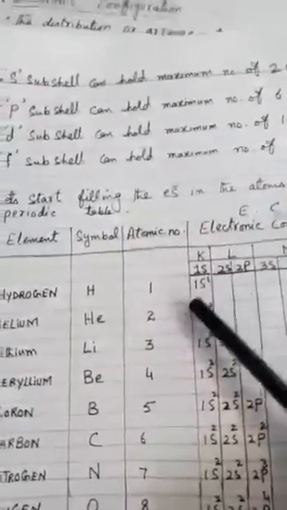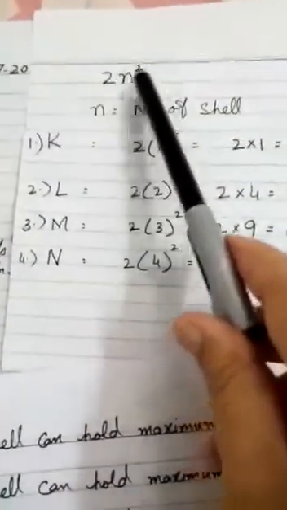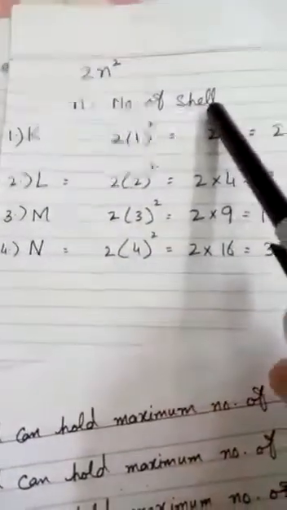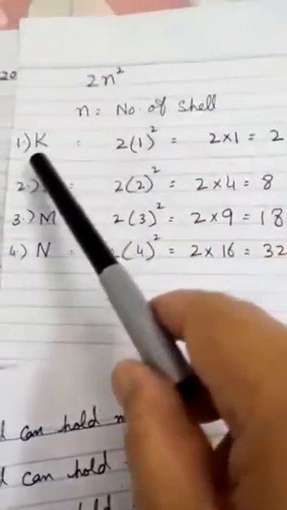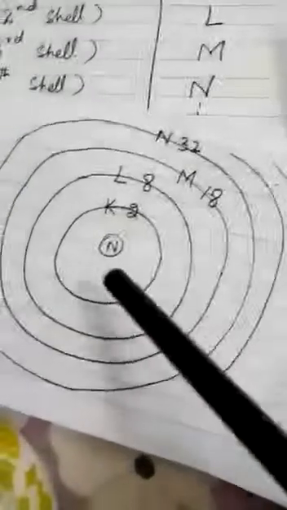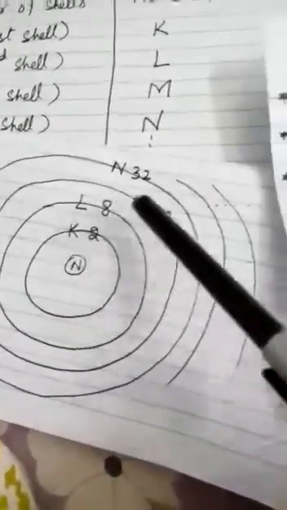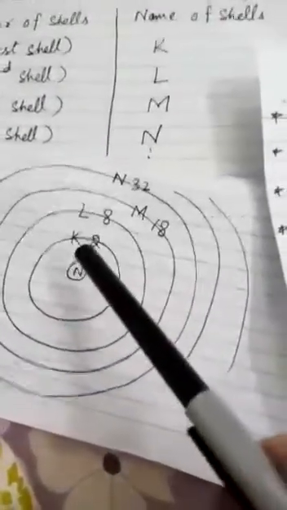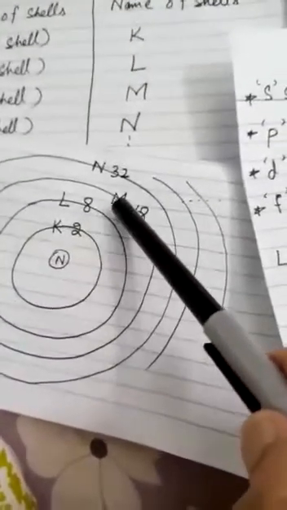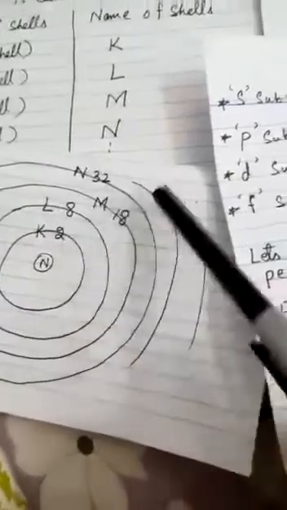So, the filling of the electrons is done on the basis of a formula that is 2n square, where n is the number of shells, right? When we take the example of first four shells, which are, as you know, K, L, M, and N, I told you K has maximum 2 electrons, L has 8, M has 18, N has 32, and so on.